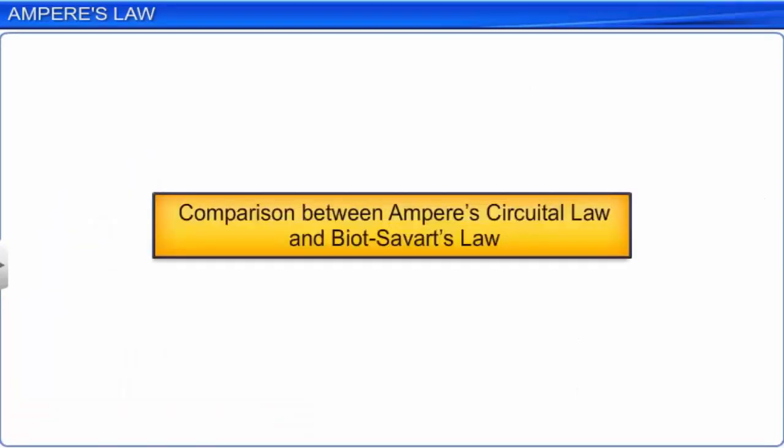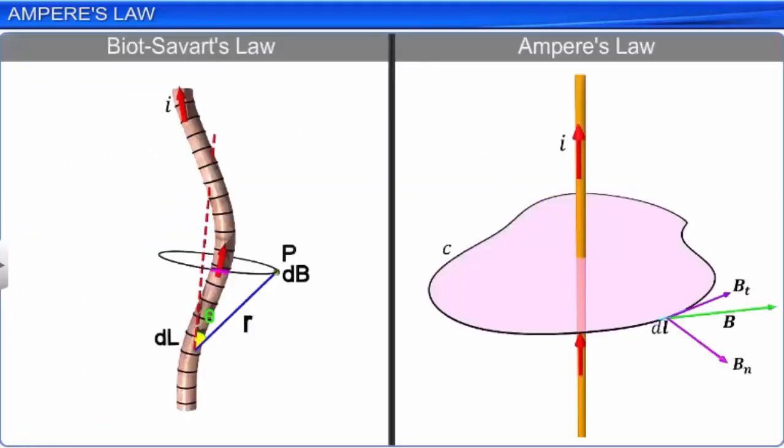Let us now compare Ampere's law and the Biot-Savart's law. Ampere's law and the Biot-Savart's law help us to calculate the magnetic field due to the current passing through a conductor. The Biot-Savart's law is similar to Coulomb's law for electrostatics.